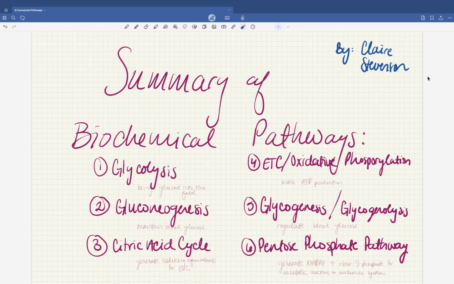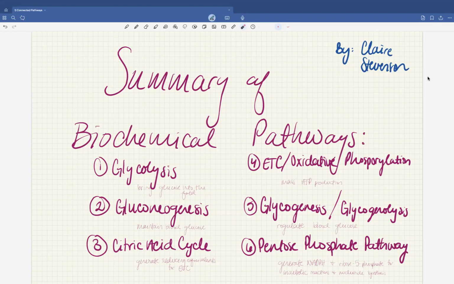The citric acid cycle, which is really important for generating reducing equivalents for the electron transport chain, which will work in combination with oxidative phosphorylation to make massive amounts of ATP in the presence of oxygen. Then we'll talk about glycogenesis and glycogenolysis, which are really important for regulating blood glucose levels by either converting glucose into glycogen or converting glycogen back into glucose.